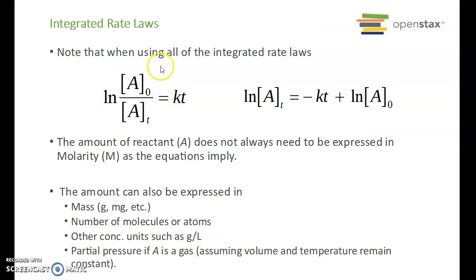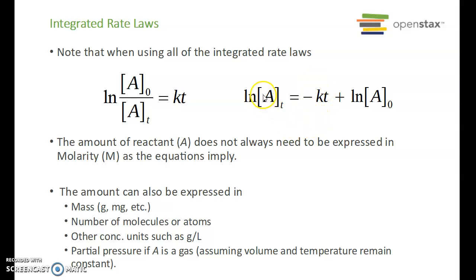Note that when using all the integrated rate laws, the amount of reactant does not always need to be expressed in molarity, as the equation implies. The amount can be expressed in mass, grams, all of these other things, because essentially what you're doing is looking at the slope here.